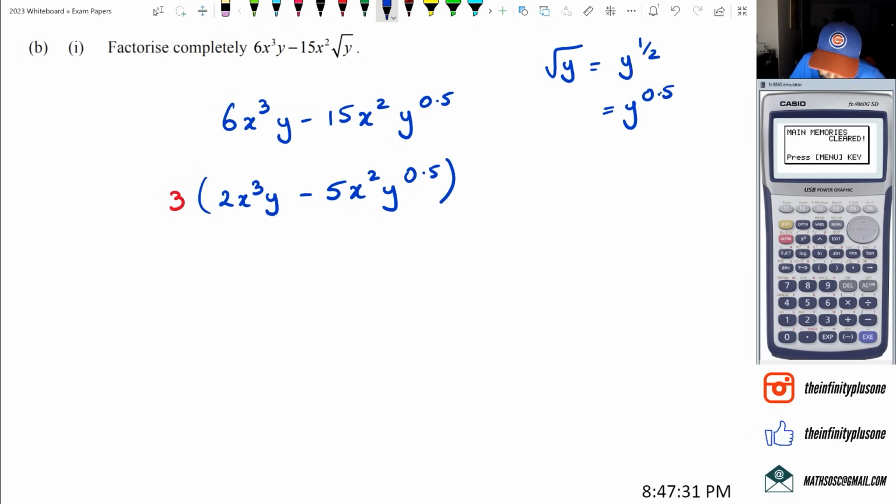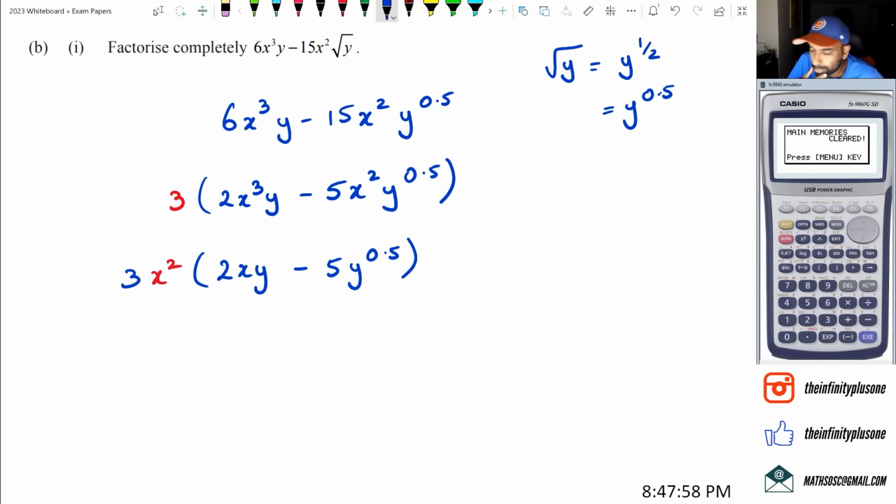The next thing I'm going to look at is the x. I've got x cubed and x squared, so I'm going to take out x squared as a common factor. And when I take out x squared as a common factor, what I'm going to get is 2xy minus 5y to the power of 0.5. So you could do it two ways.